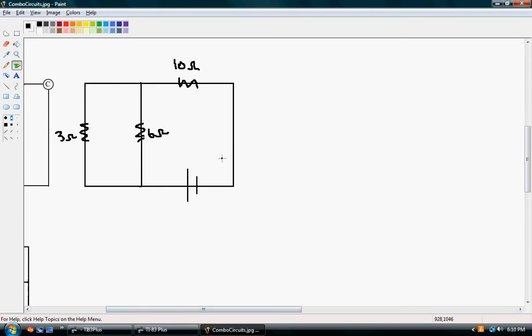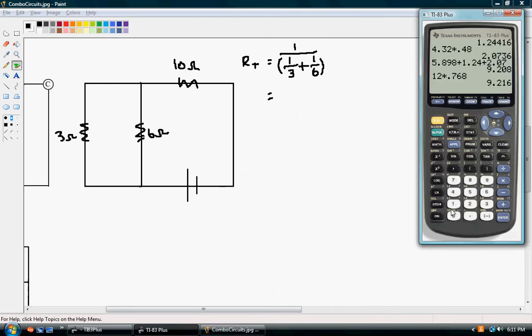So we can use the formula for total resistance, which I like to rewrite as 1 over the first resistance, which for that line is 3, plus 1 over 6, because that's the total resistance for that line. And we get 1 divided by (1 over 3 plus 1 over 6), which is 2 ohms.